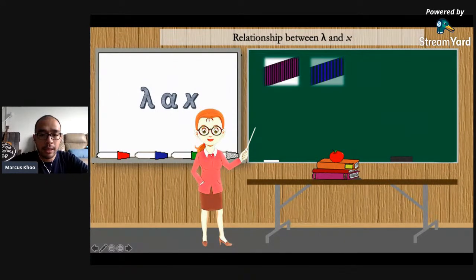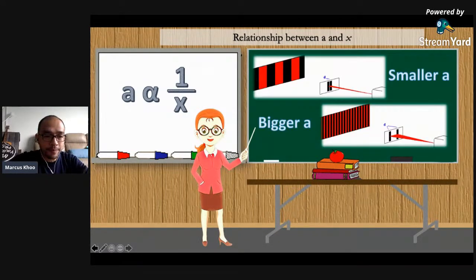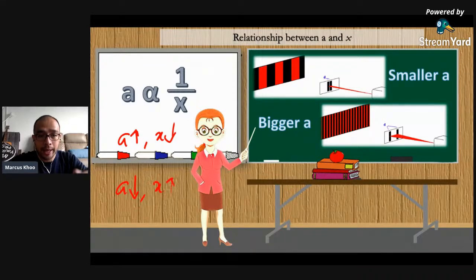We find that the bigger the A, the smaller the X, or likewise, the smaller the A, the bigger the X. The first relationship.